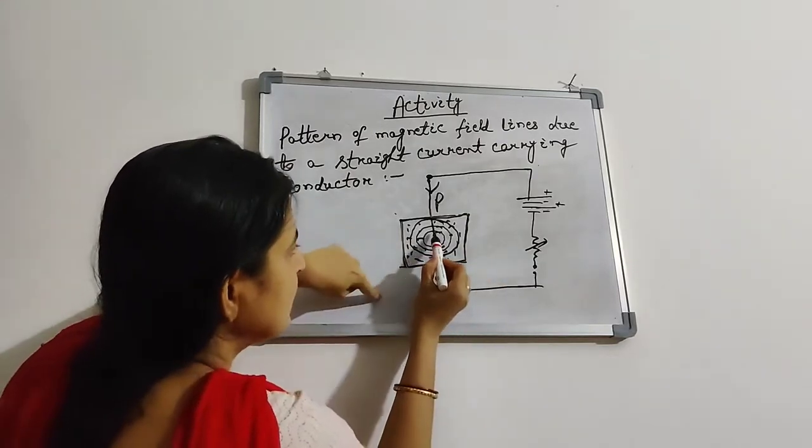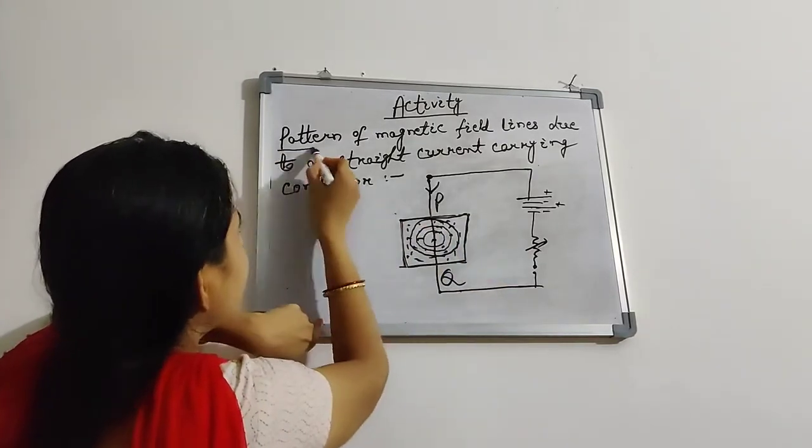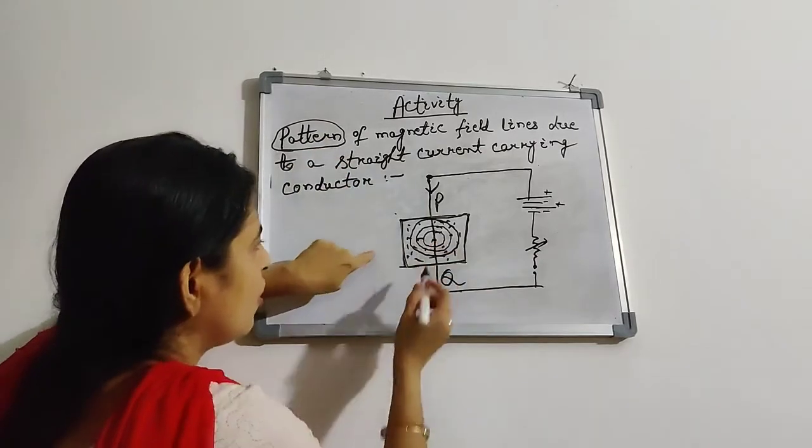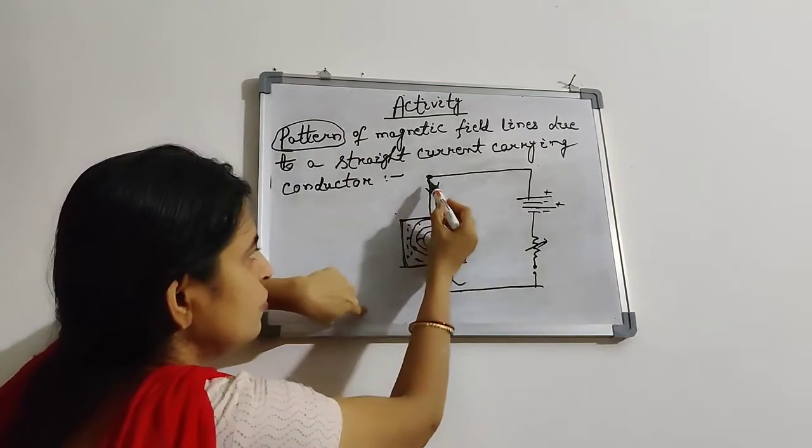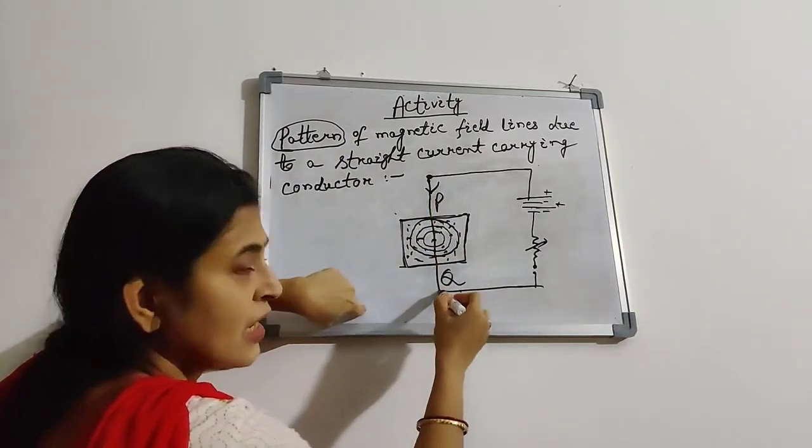That means these are the pattern or the nature of the magnetic field lines due to a straight current carrying conductor.